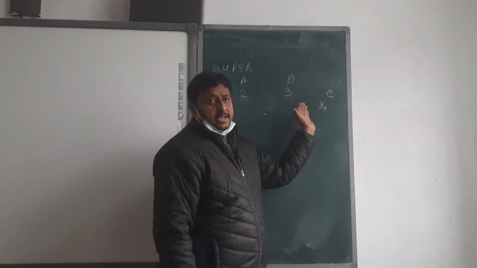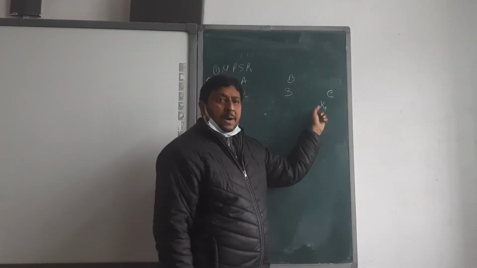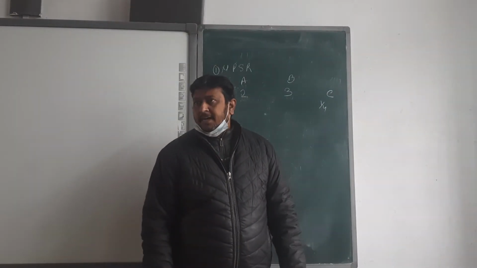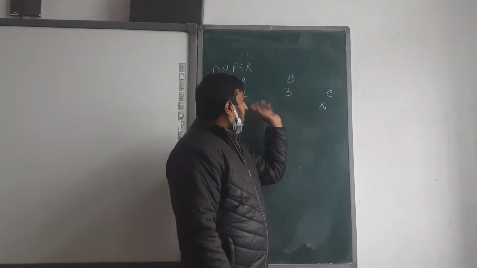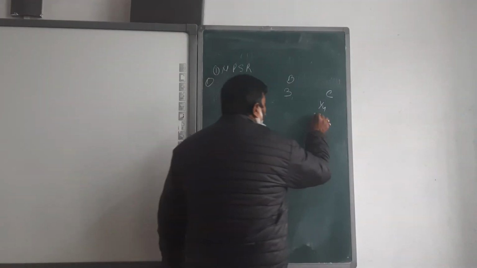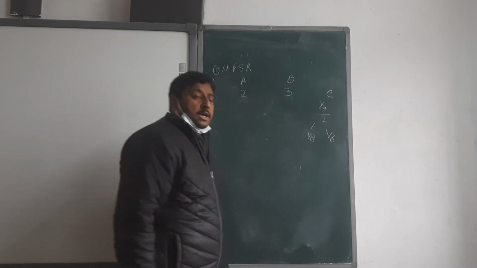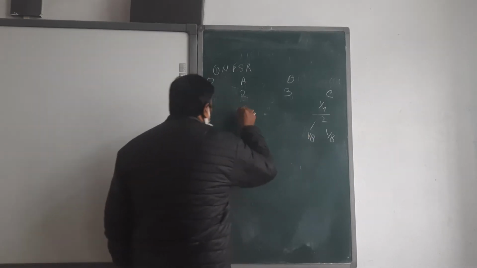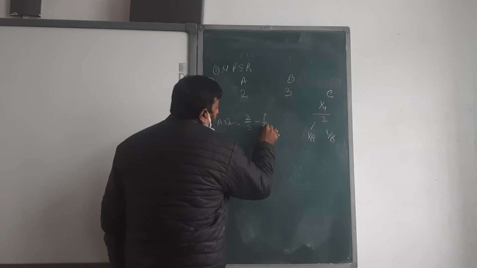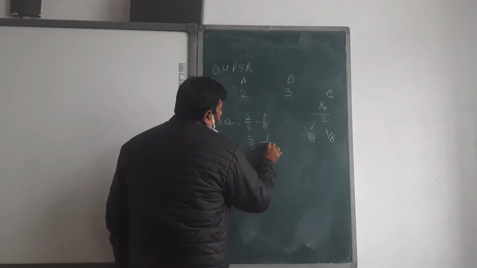If he takes his share equally from both, first we divide it into two parts, because he takes the share equally from A and B. If C's share is 1/4, dividing by 2 gives 1/8 and 1/8. Then this 1/8 is deducted from each old partner's share: A's share 2/5 minus 1/8, and B's share 3/5 minus 1/8.